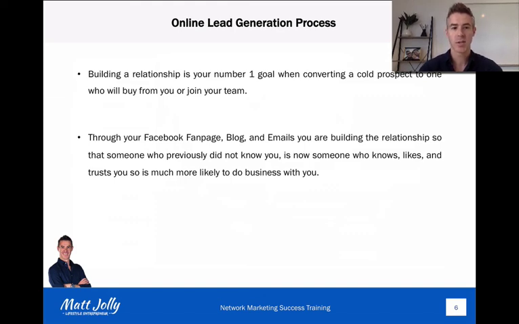During this process, your number one goal, just like if you were speaking to a prospect face-to-face, is to build that relationship. By providing that value, you're positioning yourself as somebody who is an expert or knows more about this particular topic. That elevates you to a position where people listen and they know, like, and trust you.